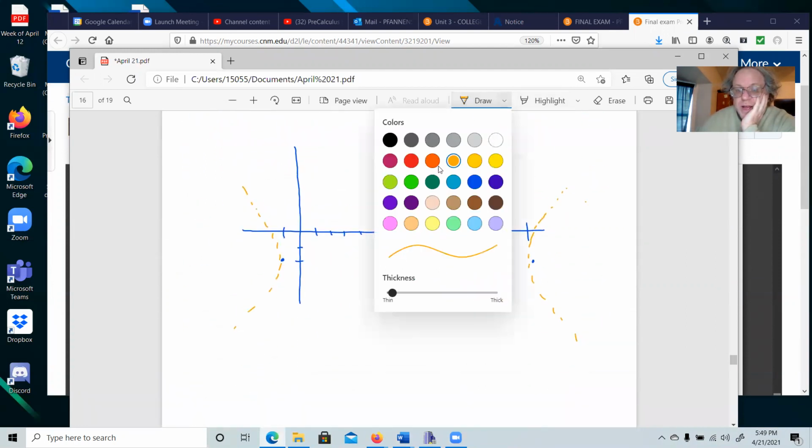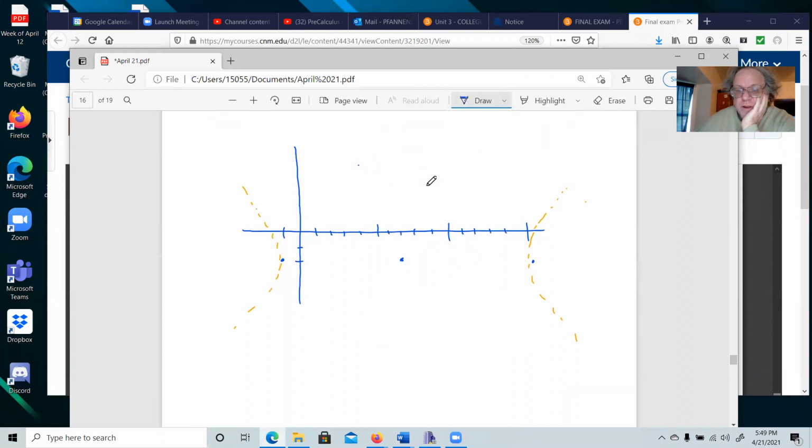So what's going to happen here? From this point right here, we're going to go up 1, 2, 3, 4, 5, 6, 7, 8, 9, 10. And then we're going to go down 10.